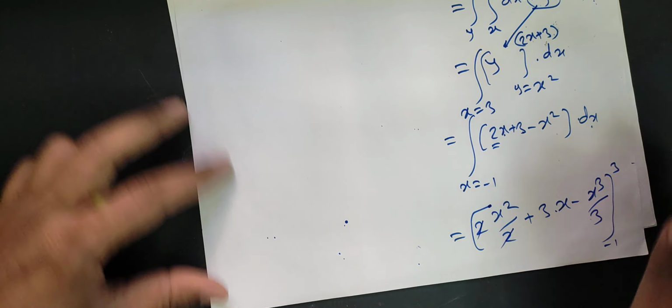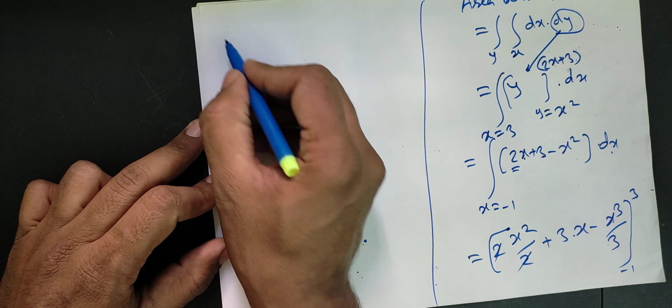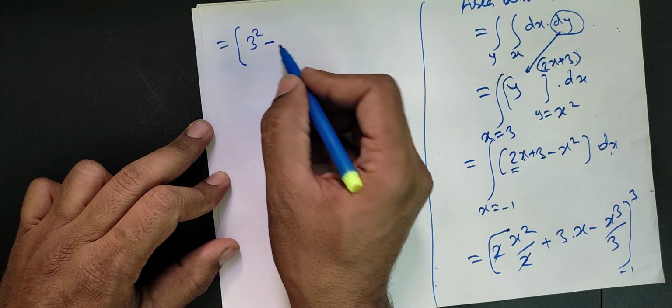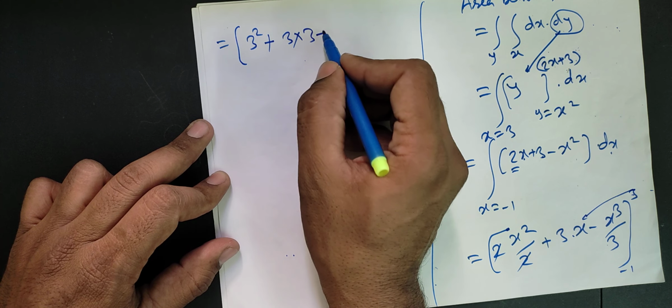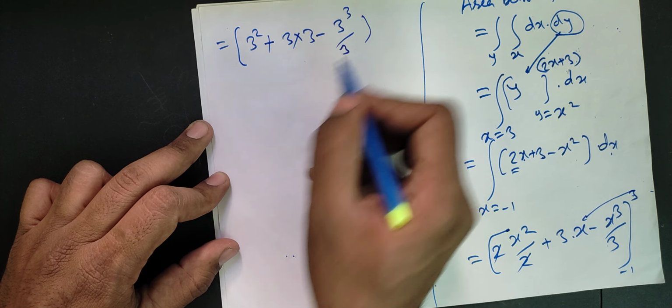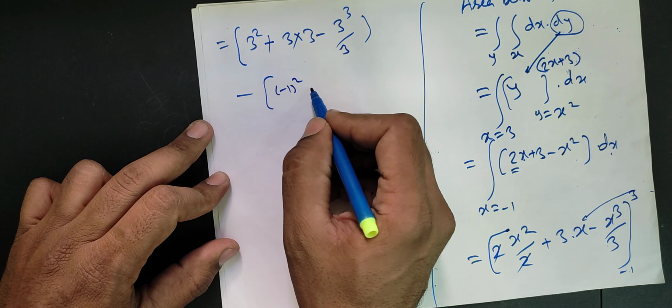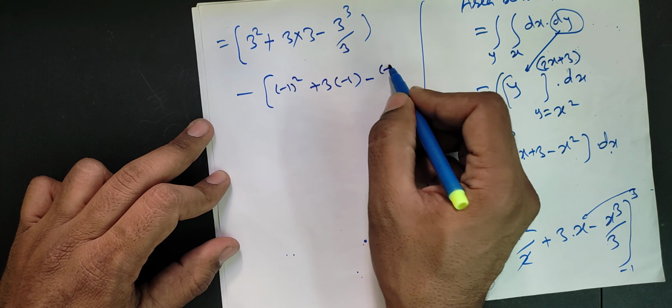This 2 will get cancelled. The upper limit is 3 square plus 3 into 3 minus 3 cube divided by 3, minus the lower limit, minus 1 square plus 3 into minus 1 minus minus 1 cube divided by 3.